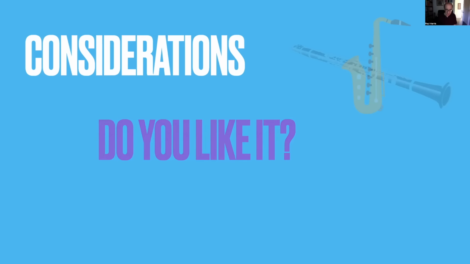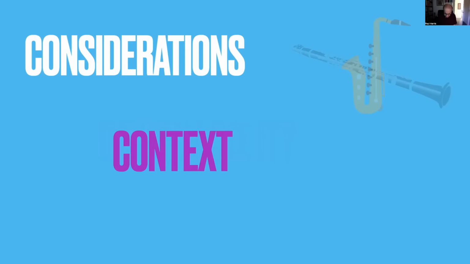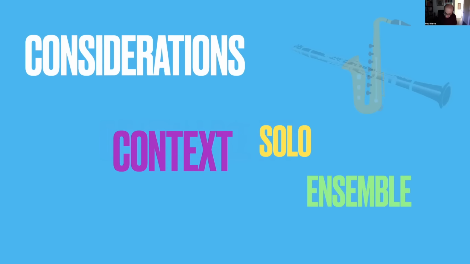We need to learn pieces, and they need to have a kind of context for us personally. For example, it may be a solo piece, a piece with piano, with orchestra, a technical piece. There's a reason that we want to learn that particular solo piece. Maybe we are practicing parts from an orchestra that we may be a member of, or a quintet, or an ensemble, or a group, or whatever it happens to be.